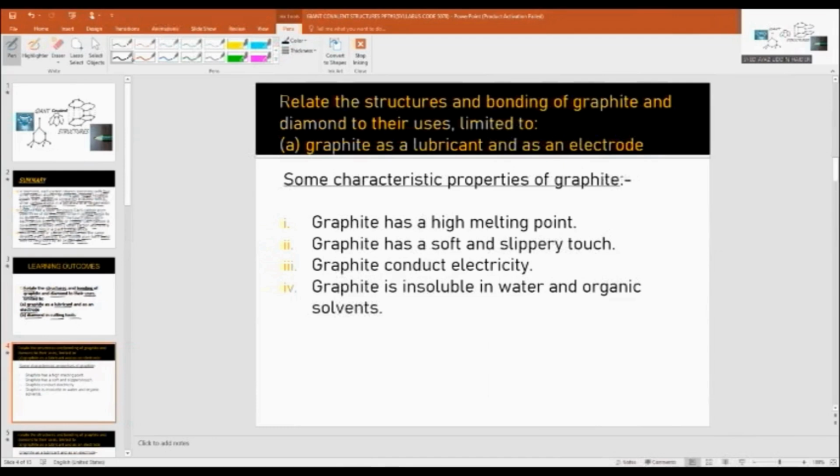So in this lesson, I will talk about some properties of both graphite and diamond with respect to their structures and bonding.